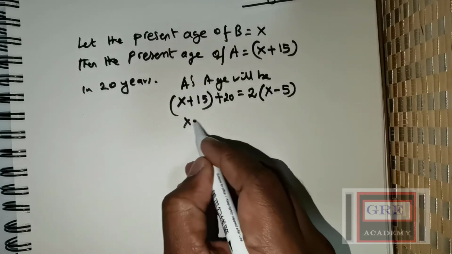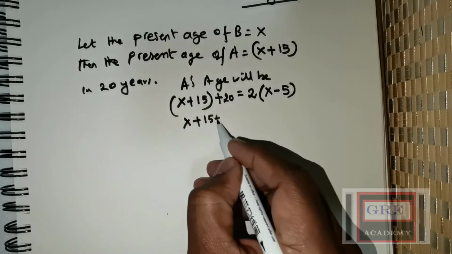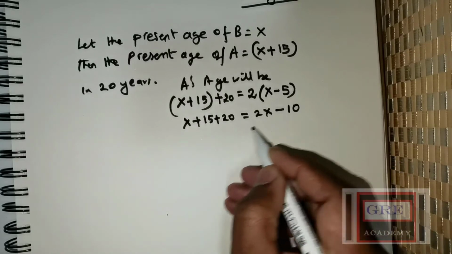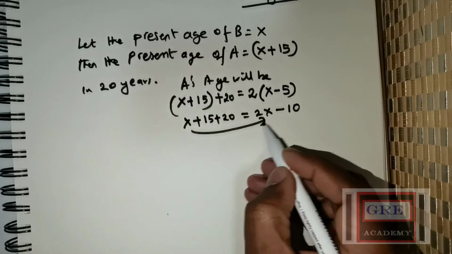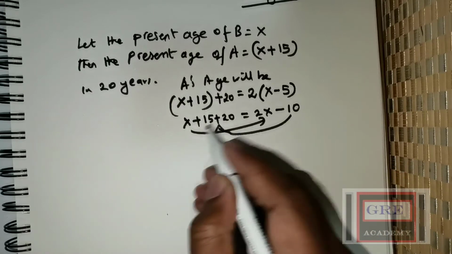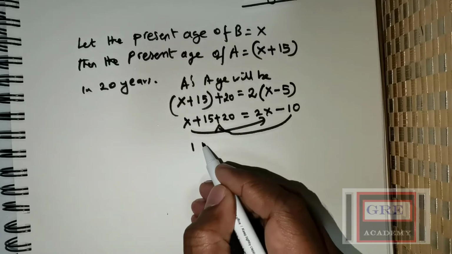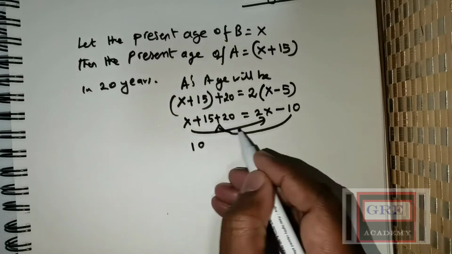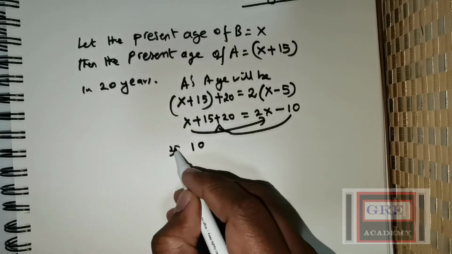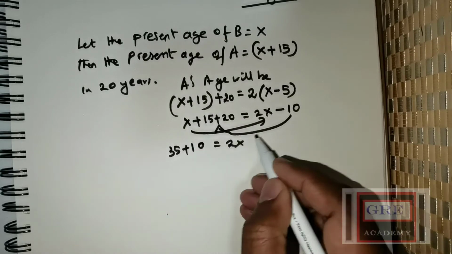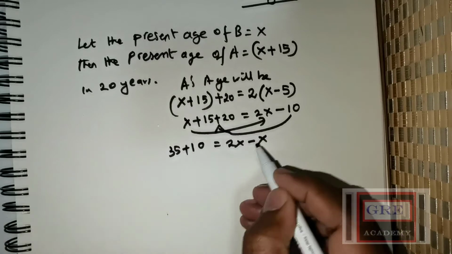So that's going to be x plus 15 plus 20 equal to 2x minus 10. I move the x to this side, I move negative 10 to the left. That's going to be 15 plus 20 would give me 35, and to that I need to add 10. Of course, when I move x to the right, it's going to become negative x.